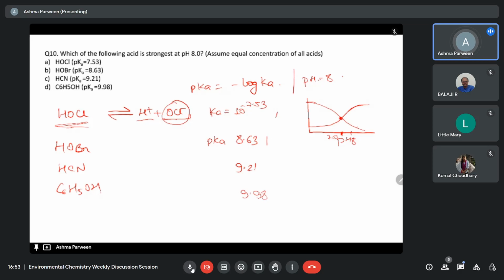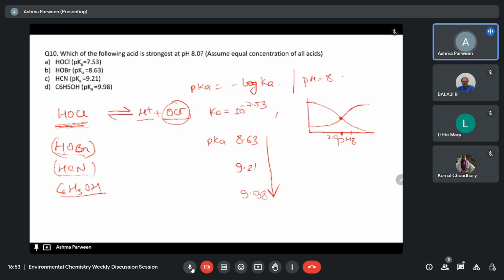So below these pKa values, these acids will not dissociate. There will be some concentration of Br minus and CN minus, but there will be a higher concentration of the undissociated or protonated acid. So only HOCl will deprotonate at pH greater than 7.53.